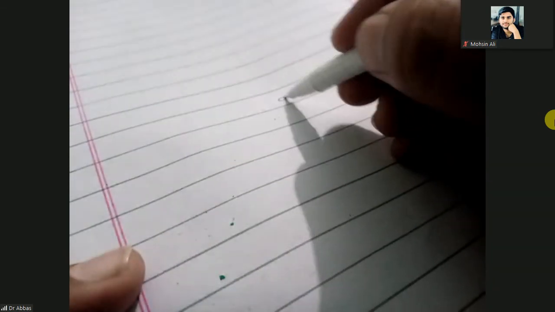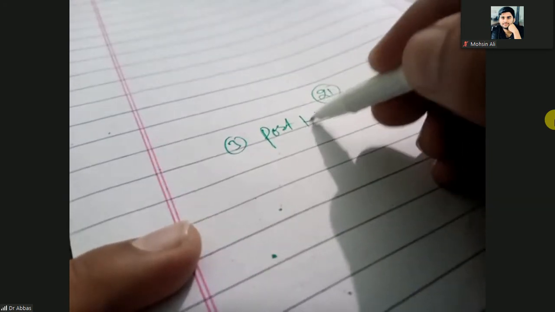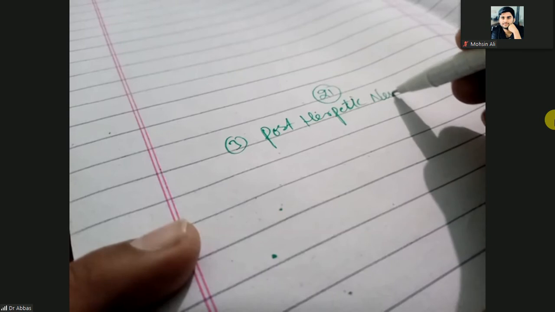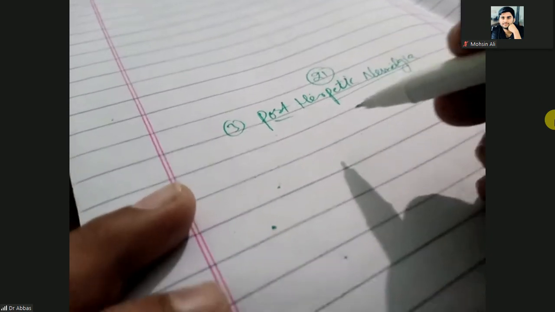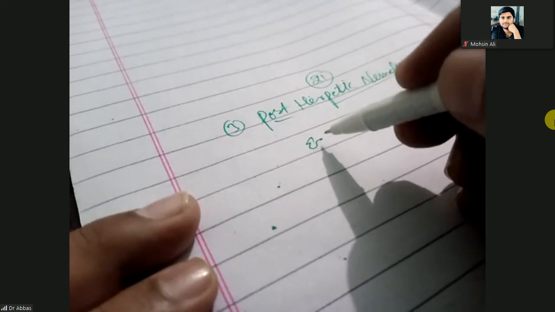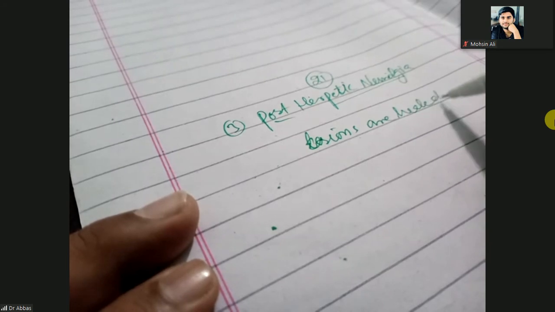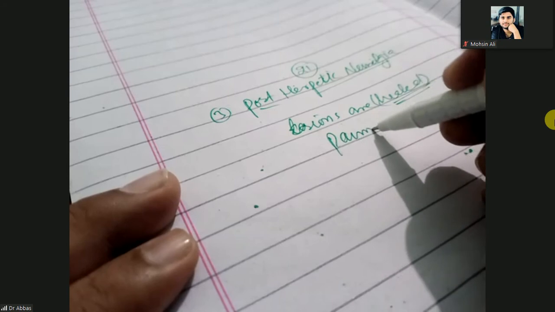So the third condition is the post herpetic neuralgia. It means the shingles lesions are healed. It means all the lesions are healed. Still, there will be a pain.